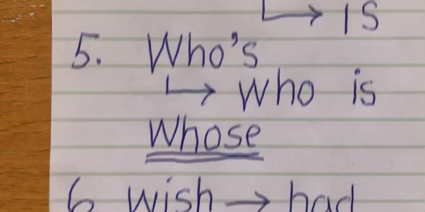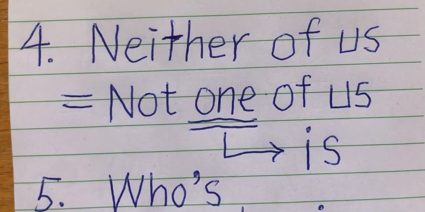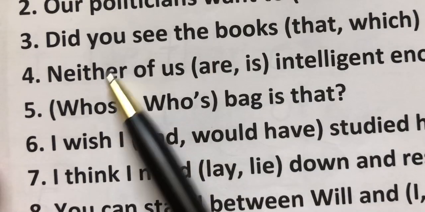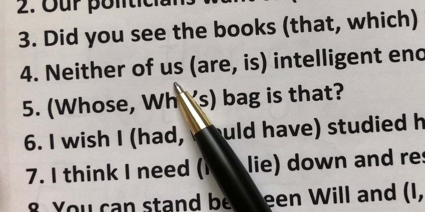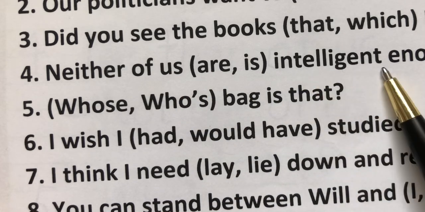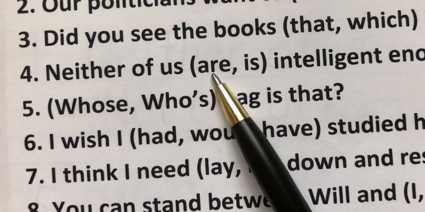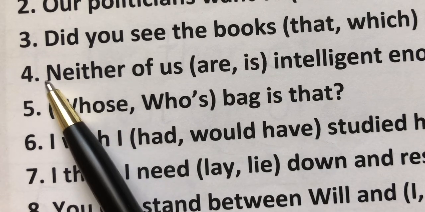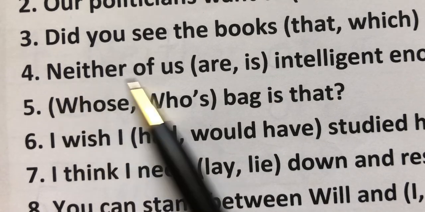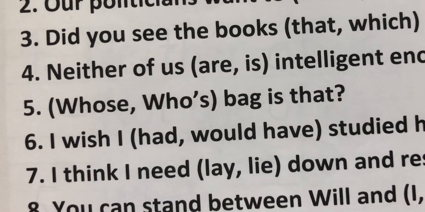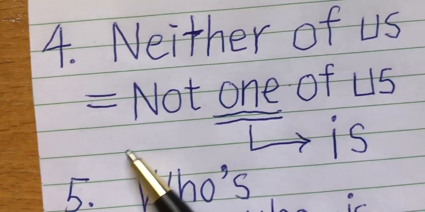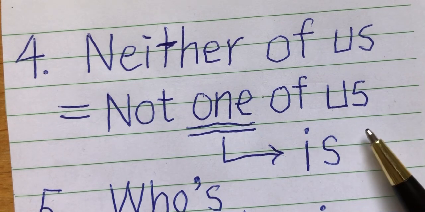The next one, number 4. Neither of us ___ intelligent enough. Are or is. Which one do you choose? You need to understand neither of us. Neither of us means not one of us.